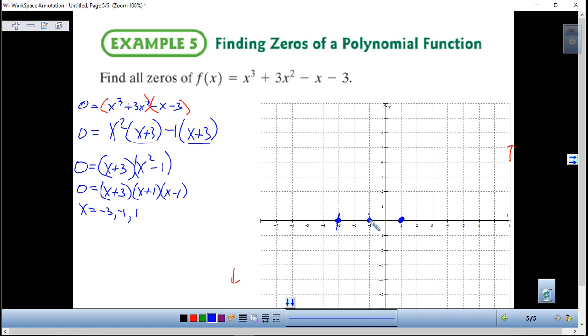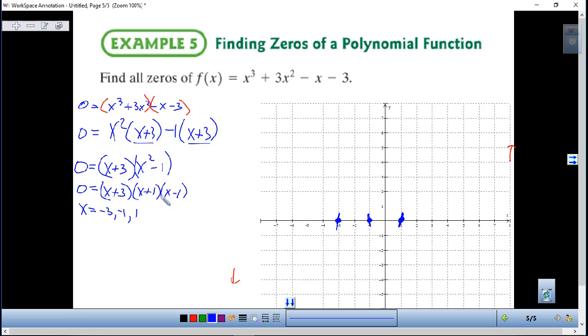We're going to actually draw through, and hopefully you can kind of see how it's going to go. If it's coming from down here, it's going to go up through this one, it's going to turn at some point and come down through this one, and then go back up through that one and take off to infinity, because of what the end behavior tells us. It's going to start over here. This is the only place it can cross for the first time as you're going left to right, and then it's going to have to cross back through there and back through there. So now, there's our x-intercepts.